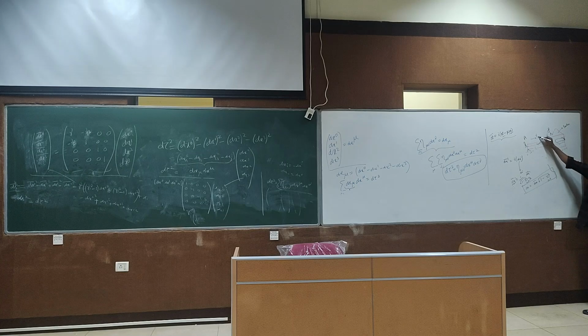So this v is such that the length this person measures is root over 1 minus v square by c square times L. This is the length at rest, the length of this rod at rest.